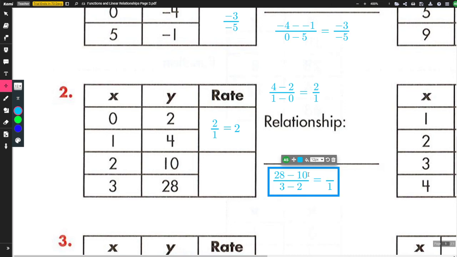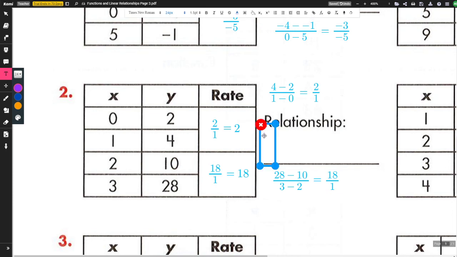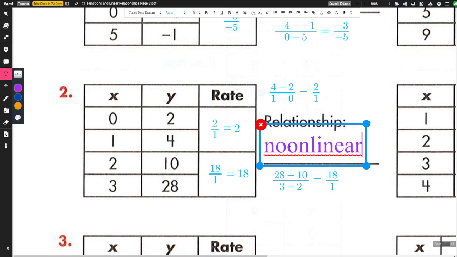And then 28 minus 10 is 18. And like I said, anytime you have a number over 1, all it is just the number on top. So since these two are not the same, you would put non-linear. There we go.